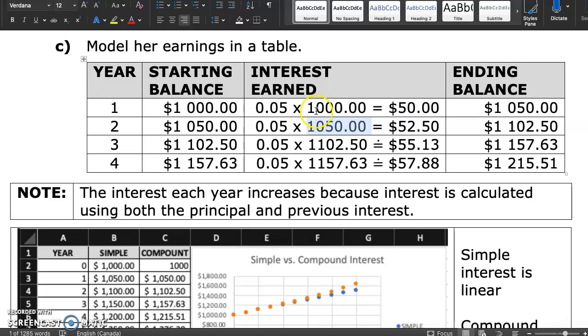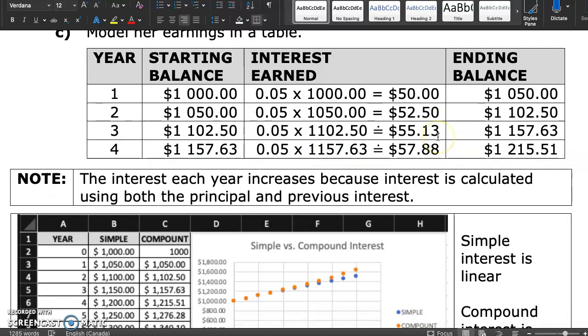So not just 1,000 every single time like we saw in the simple interest formula. We are doing 5% based on what amount was at the beginning of this period. So this includes interest that has been earned throughout the investment.